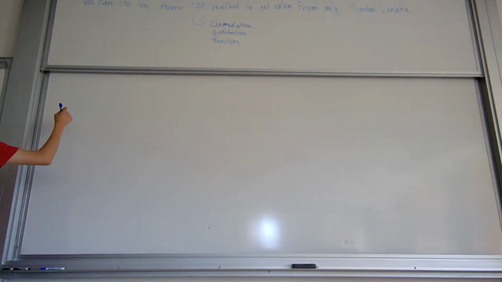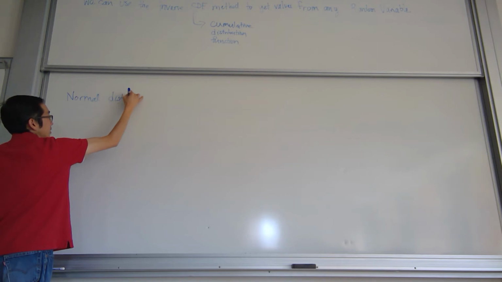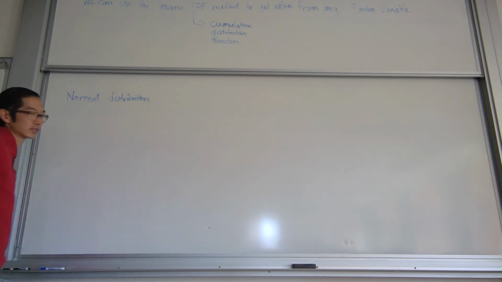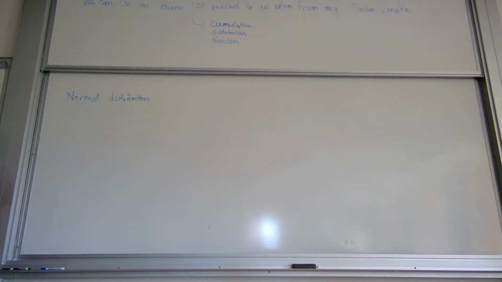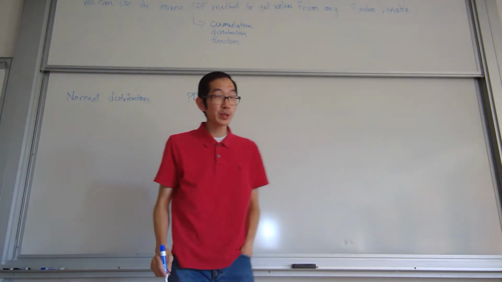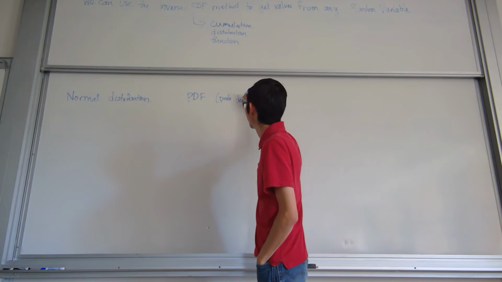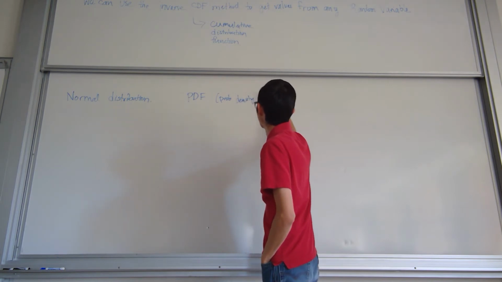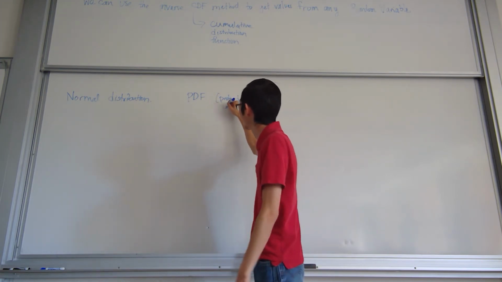Okay, so let's say we've got the normal distribution. The PDF, which stands for probability density function, which is for continuous distributions, right?